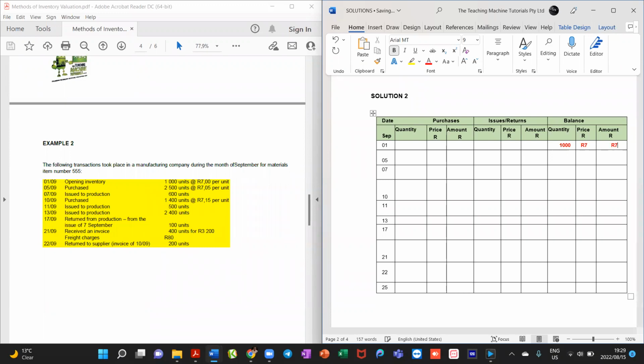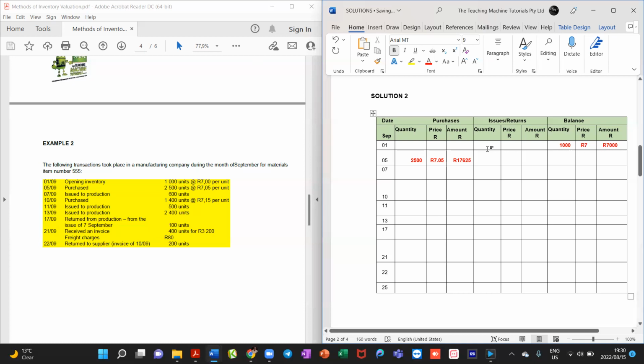I think it's 7,000. And then on the 5th, purchased 2.5 units at 7.05. Purchases, how many units? 2.5. What is the price per unit? It's 7 rand 5. How much is 2.5 times 7.05? 17,625.